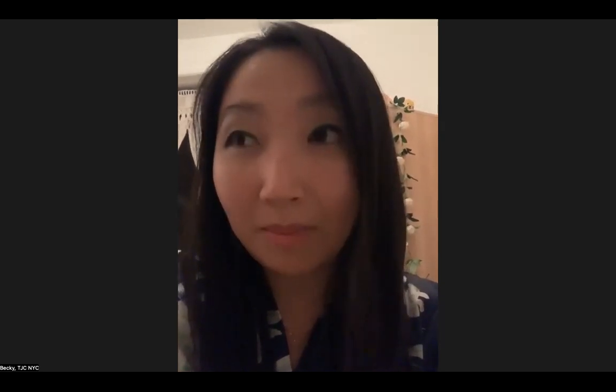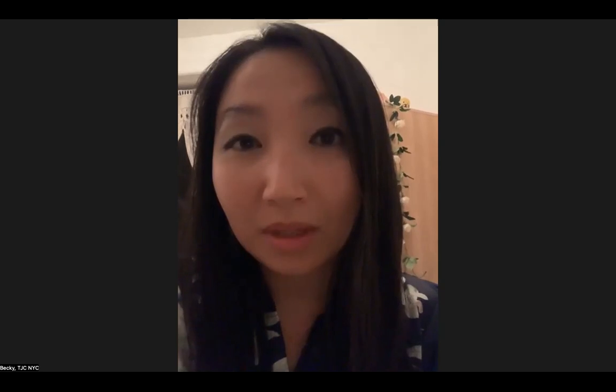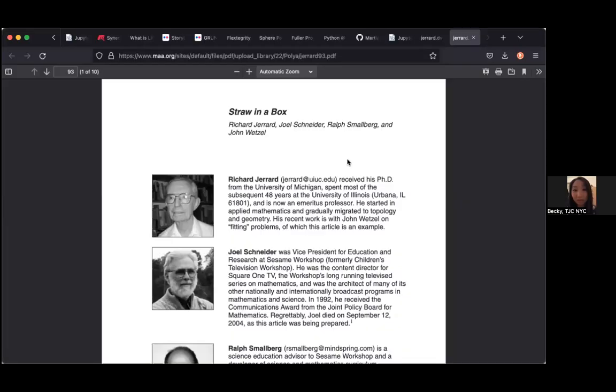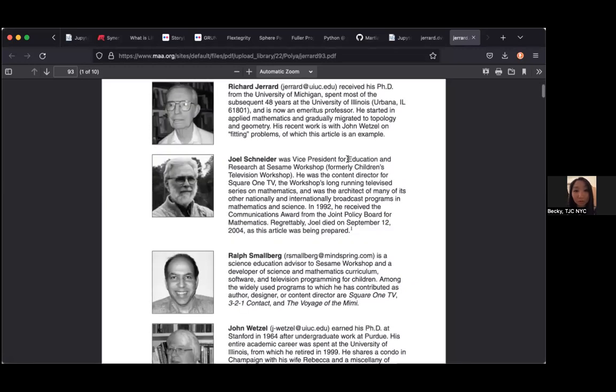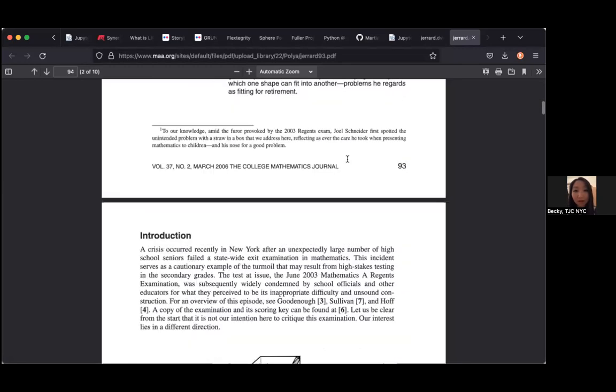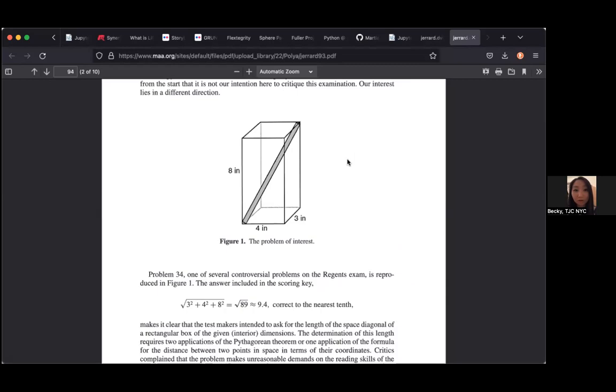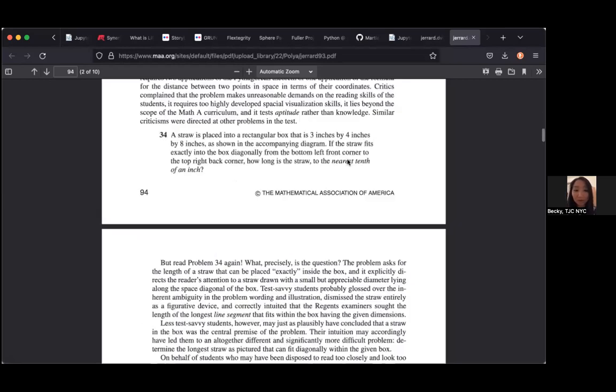I had taken this in 8th grade, and it was interesting. If you just scroll a little bit down, you see the box with the straw. It goes from one corner to the other, and there was a whole regrading and back and forth, because kids were failing.